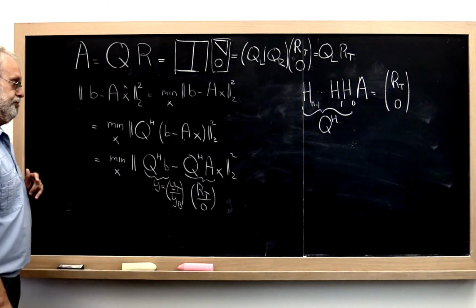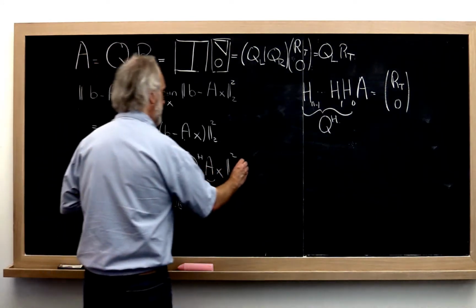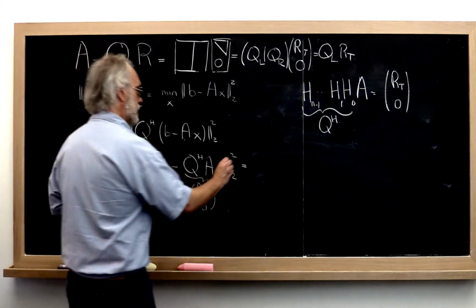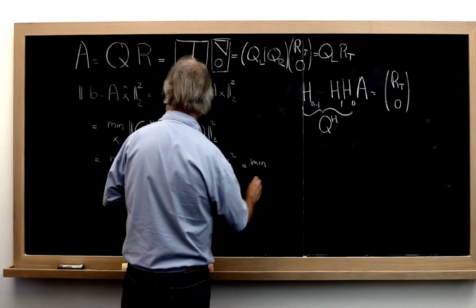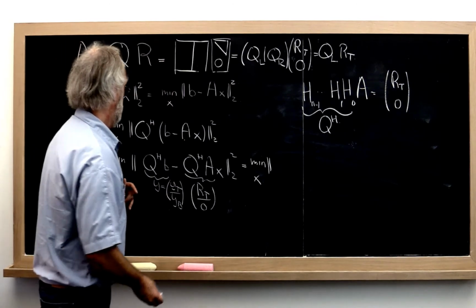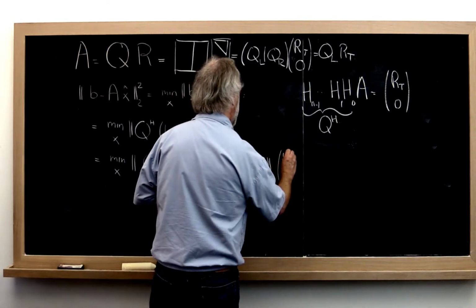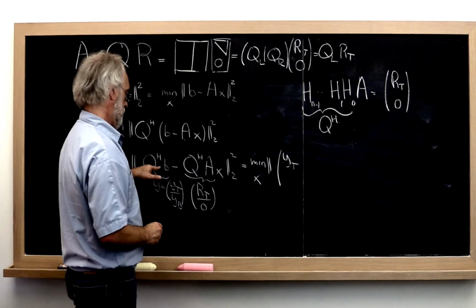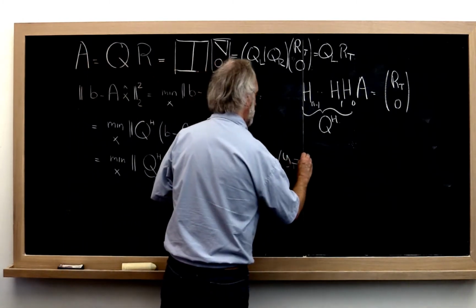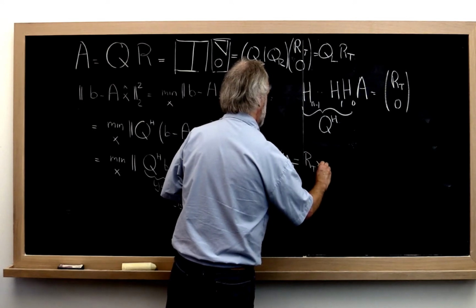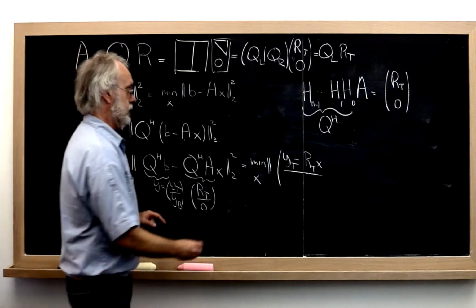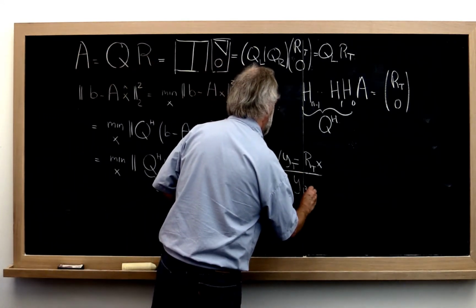Then what you get is that this is equal to the minimum over all x of y top minus R top times x, above y bottom.